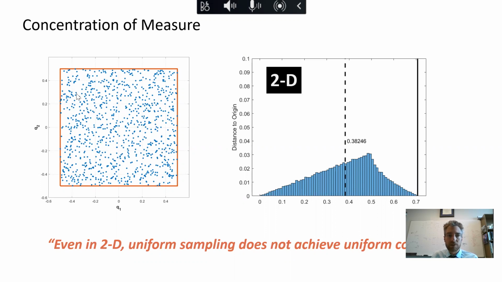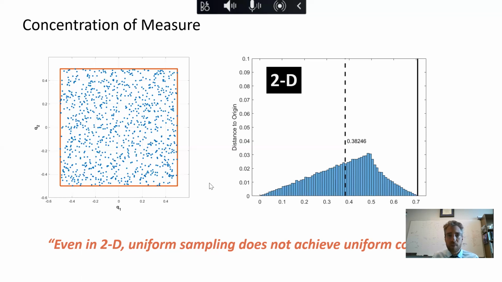And while that looks really quite uniform visually to the eye, if you made a plot of the distance of each of these dots to the origin, and you made a histogram, you would see right away that even in 2D, it's not exactly uniform. In fact, there's many more samples at this mid-range of distances, and very few near the origin, and very few out near the corners. And that has something to do with the shape of the square, as well as the fact that you're summing up several random variables.